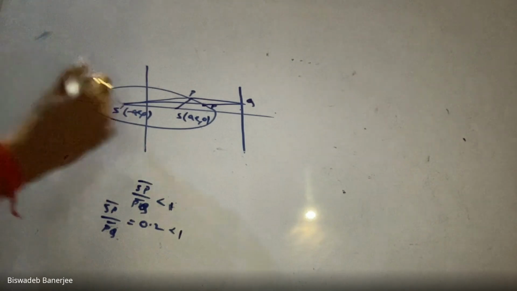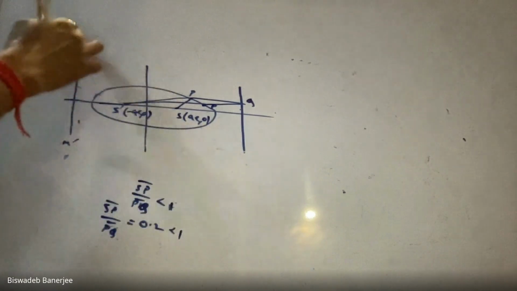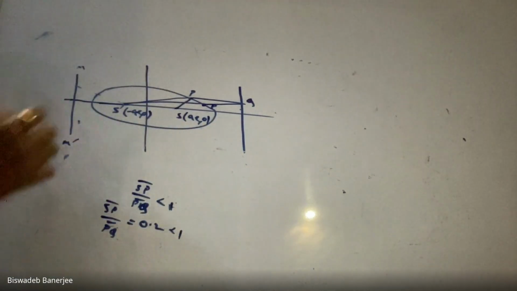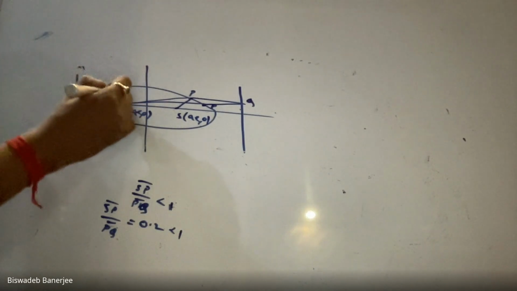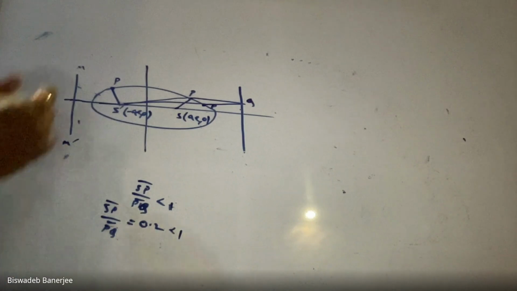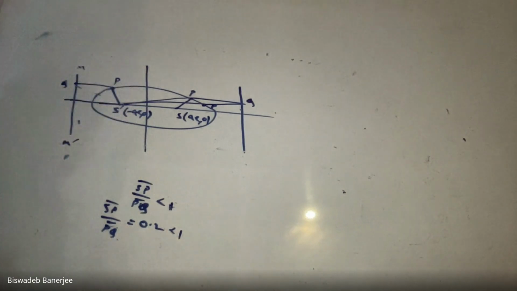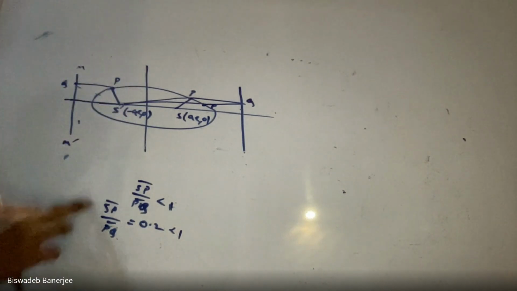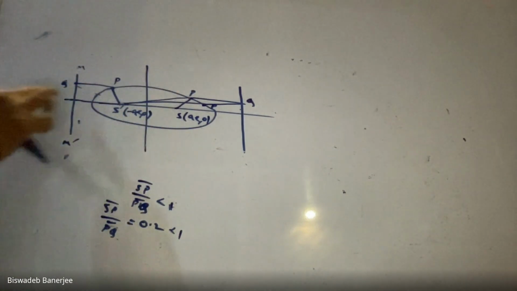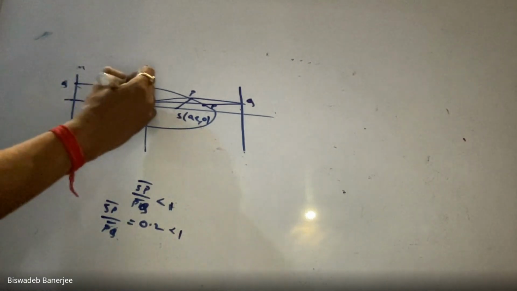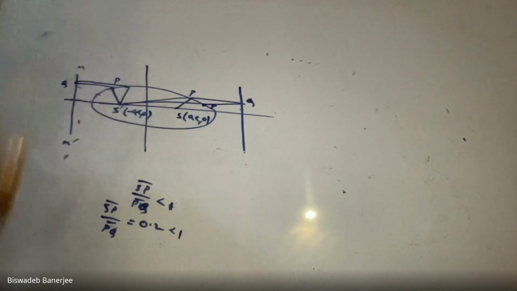You can take this directrix or this directrix, whatever you want. If we take this directrix, suppose this is my point P, then this will be my SP. Say we have a point Q here, this will be my PQ. You can see that this ratio SP by PQ is always the same. Whatever the position of P, P can lie here. In that case, this will be my SP, this will be my PQ.